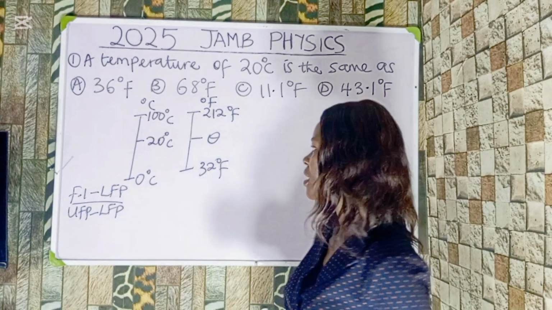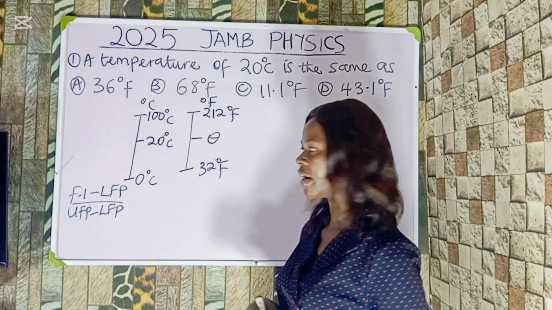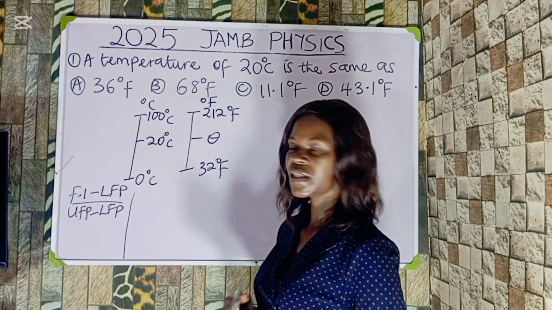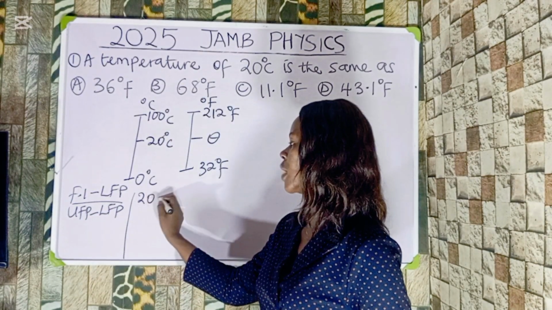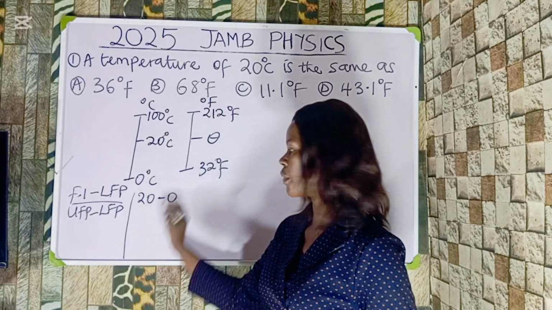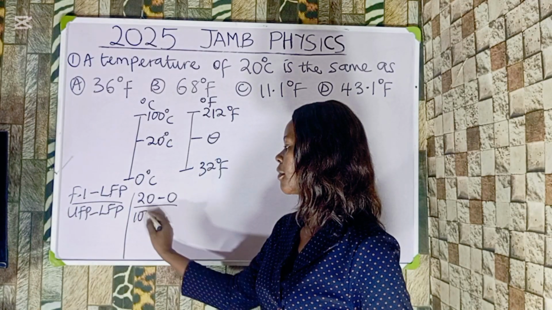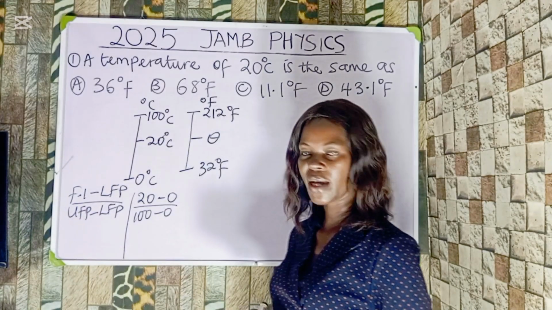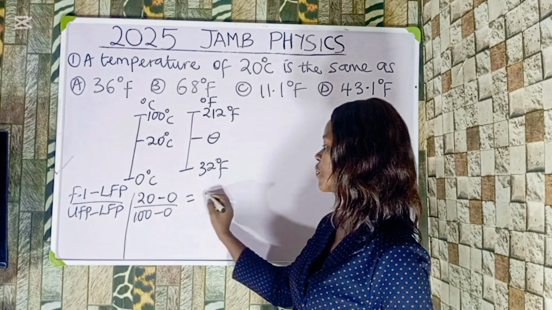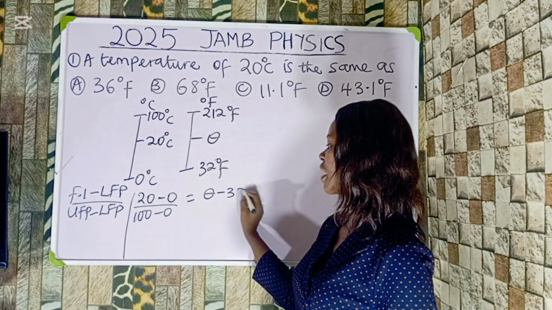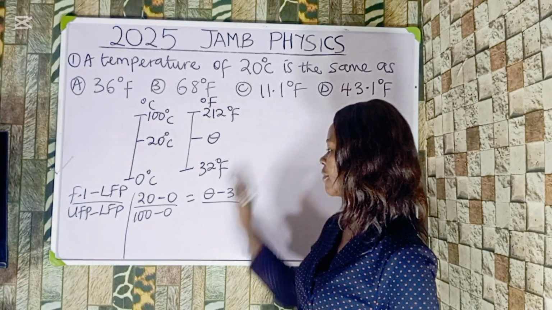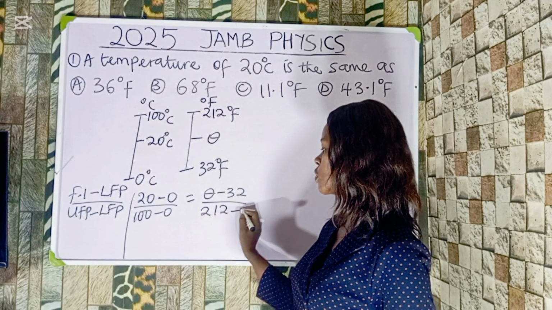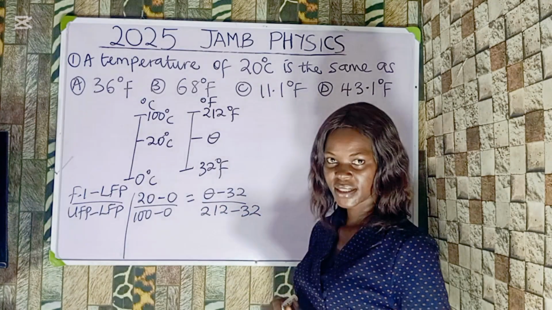Is that clear? Now what's the fundamental interval here? That is 20. Now we say this is 20 minus 0 divided by 100 minus 0, right? Now it's equals to theta minus 32 divided by 212 minus 32. Is that clear?